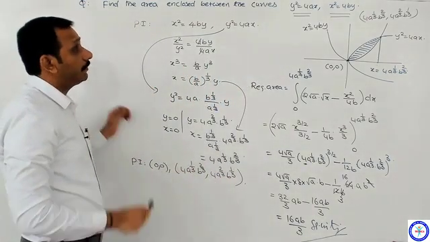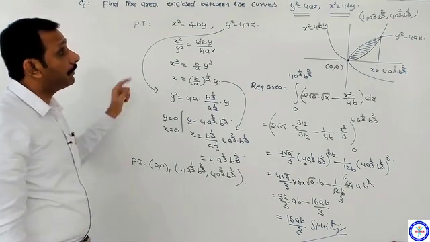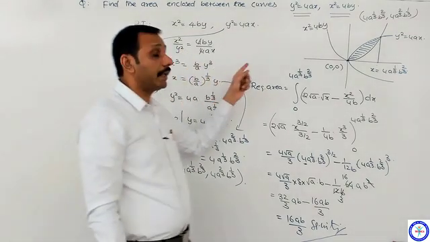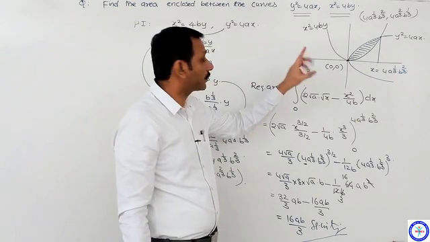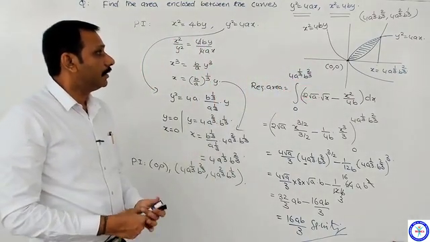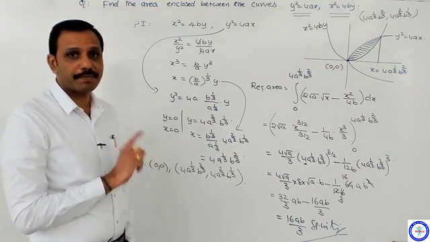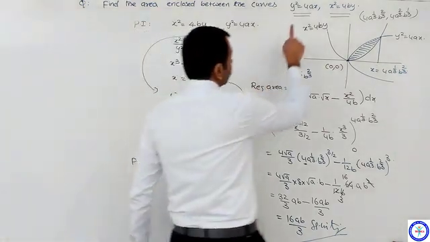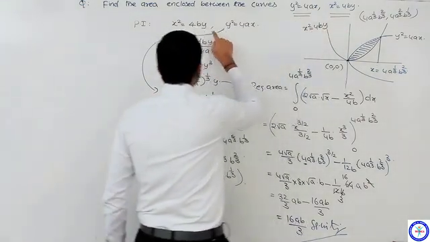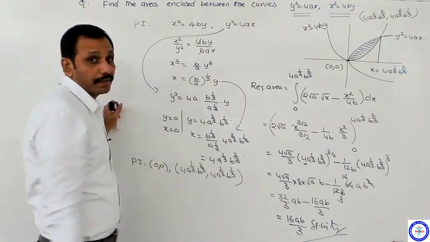So, very important problem, this one: area between the parabolas y square equal to 4ax and x square equal to 4by. It is similar to previous problems only. First solve these two equations to find intersections, but solve these two very carefully.